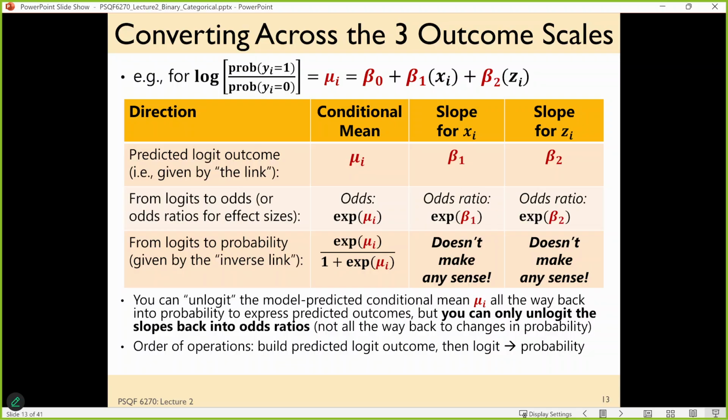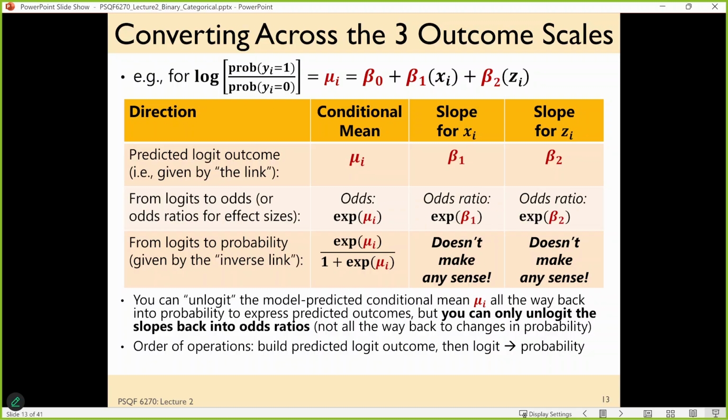Could you think about it that way? Yes, with respect to logits. If you have a positive slope, it means as x goes up, logit y goes up. If you have a negative slope, that means as x goes up, logit y goes down.